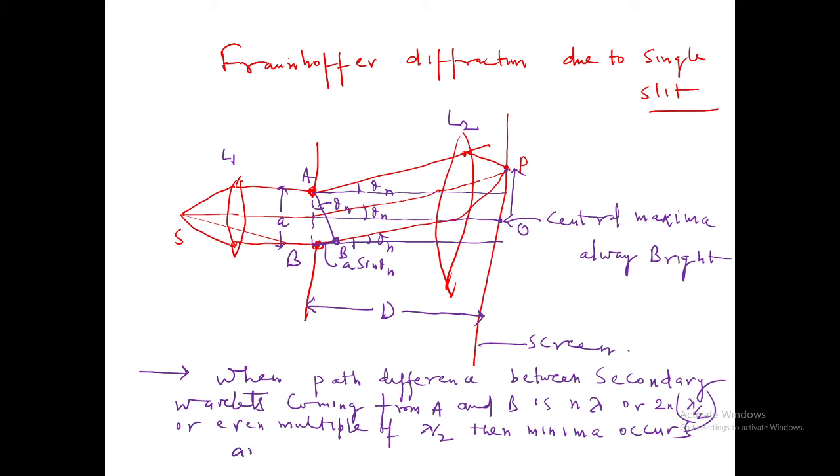So the path difference is a sine theta n, and this is equal to 2n lambda upon 2, where n is 1, 2, 3, etc.